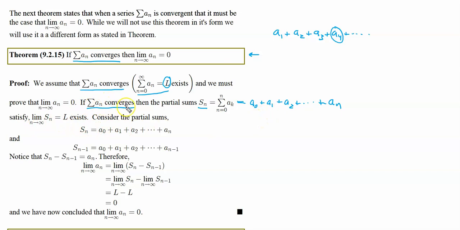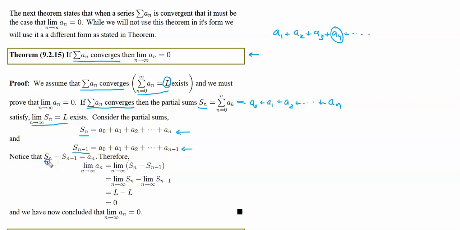Then convergence means that the limit as n goes to infinity of the s sub n sequence is equal to L. Now what we're going to do is consider the nth partial sum and the n minus first partial sum. The nth partial sum is the sum from a0 out to an. The n minus first partial sum is the sum from a0 to an minus 1.